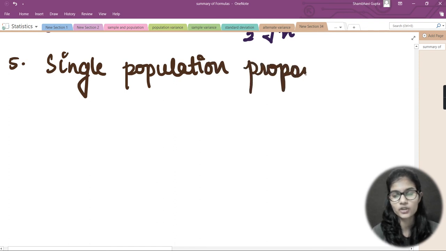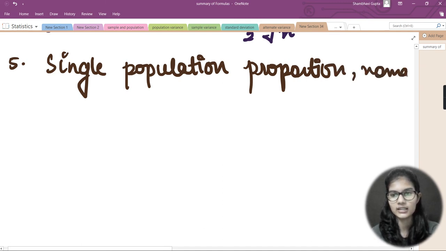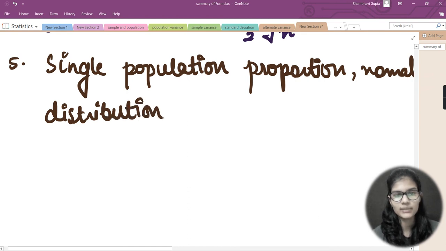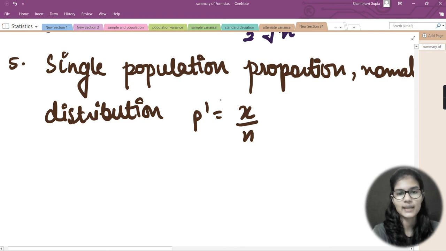We discussed this topic a little recently, the single population proportion, and we saw the normal distribution. Using the normal distribution for a single proportion, the formula we applied was P dash is equal to x upon n, where x was the number of successes and n was the sample size.